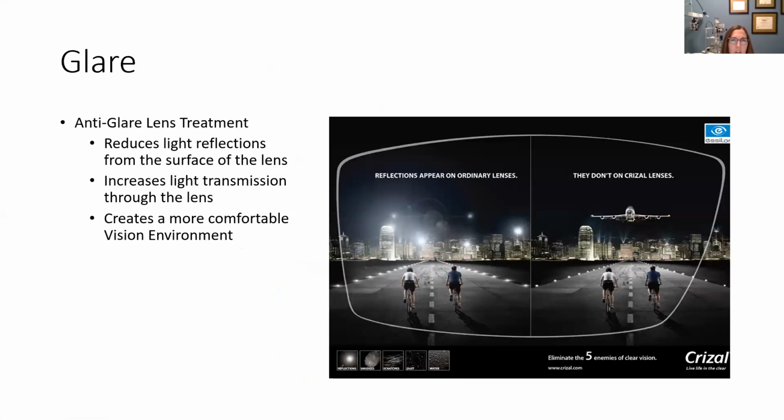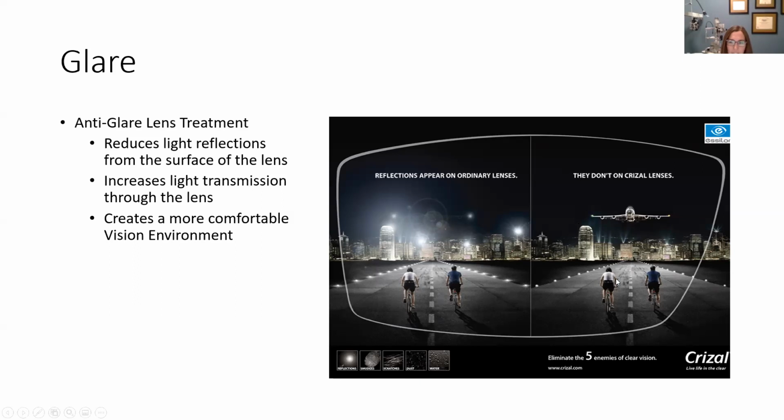The other thing, again, we talked about glare. Glare has to do with light reflections. So there are treatments to lenses that help reduce the reflections off the surface of the lens. Crizal makes one of these products, and in this picture you can see you have some halos and extra lights around the light sources themselves. That's without the anti-glare. And then with the anti-glare, they become more of a pinpoint light source.